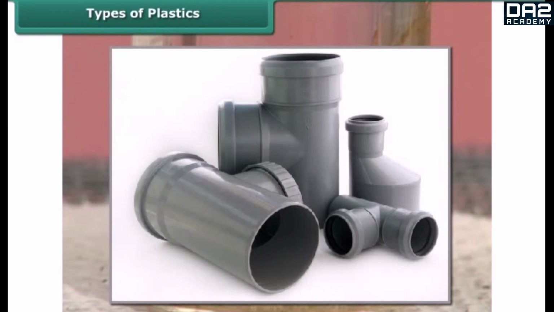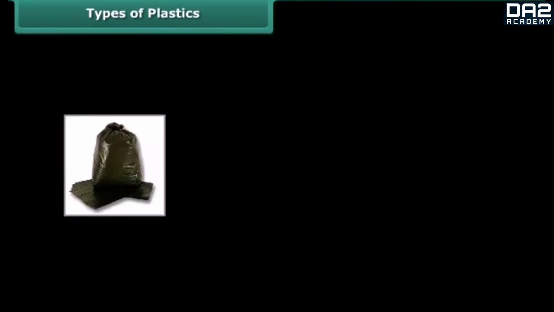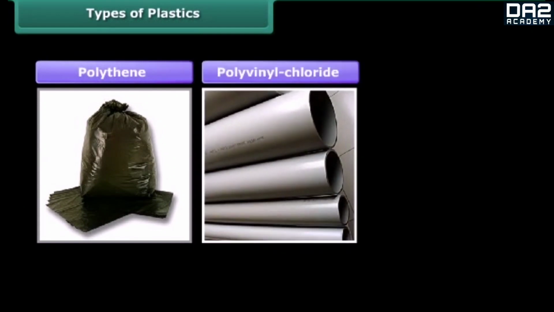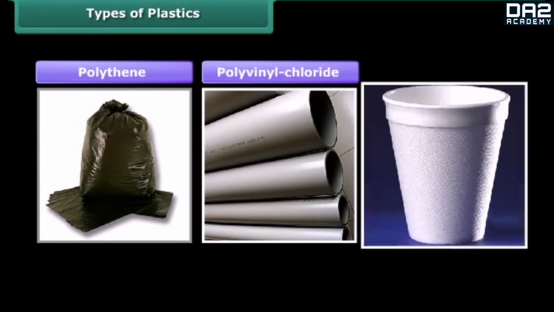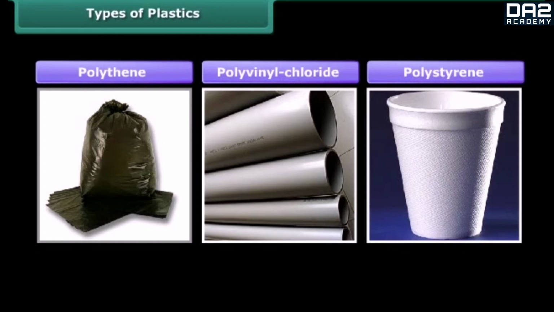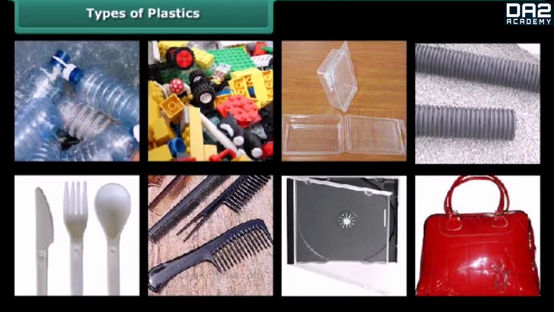Some examples of thermoplastics are polythene, polyvinyl chloride, and polystyrene. These are used in manufacturing of water pipes, drain pipes, packaging, bags and bottles, toys, combs, disposable cutlery, CD and DVD cases.